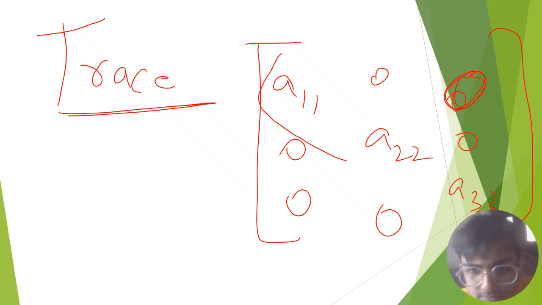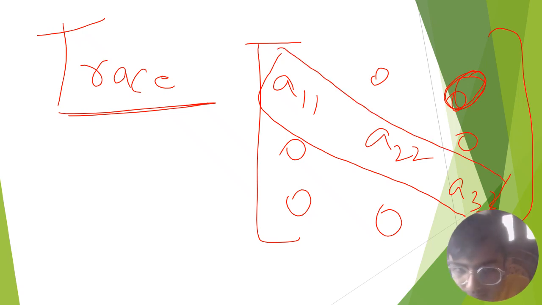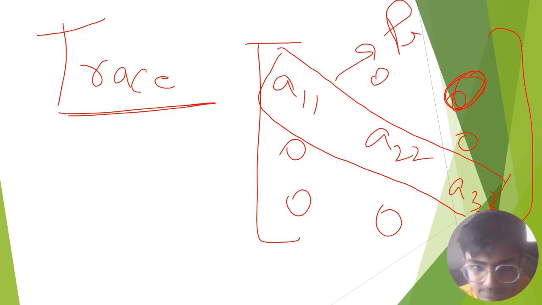So these elements are called elements of the principal diagonal. This is the principal diagonal.